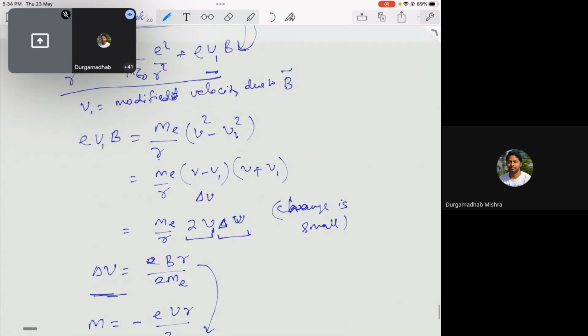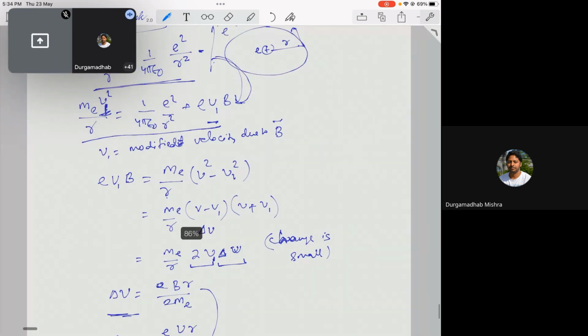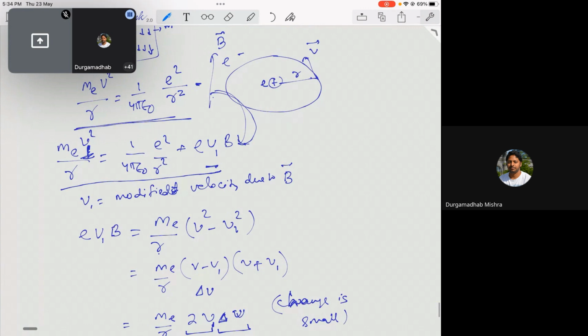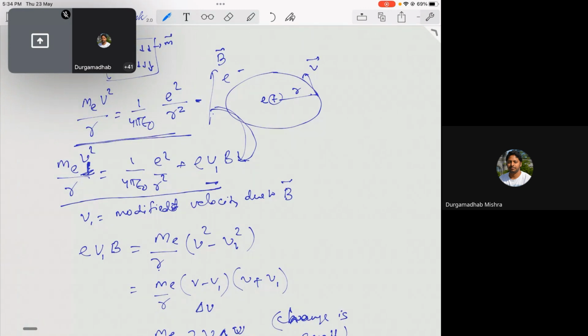Just to summarize all this mathematics that we have done, what we are saying is when you have an orbit and you are applying a magnetic field, this orbit or the electron velocity is going to change because of additional forces, for example here Lorentz forces.